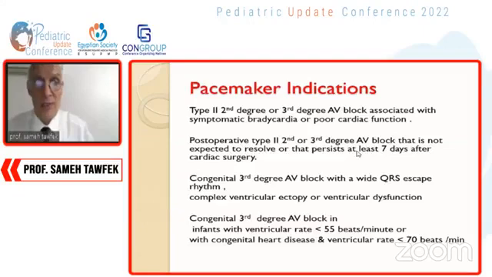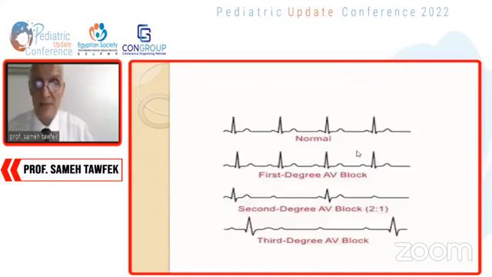Congenital complete heart block with wide QRS escape rhythm and complex ventricular ectopy or ventricular dysfunction. Congenital third degree AV block in an infant with a ventricular rate less than 55 beats per minute, or with congenital heart disease and a ventricular rate less than 70 beats per minute.